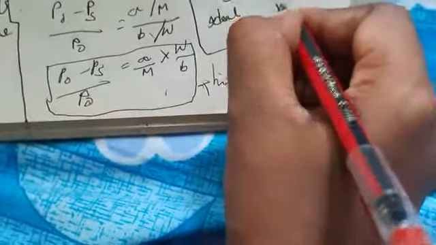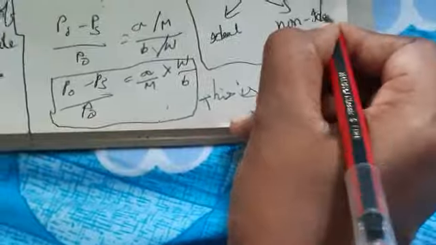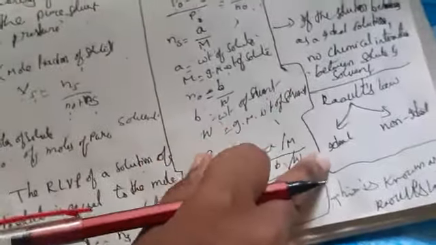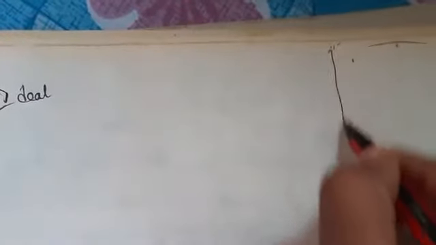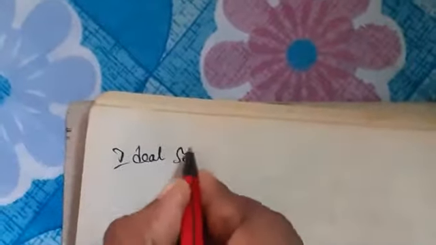Raoult's law can be divided into two types, that is ideal solutions and non-ideal solutions. Now let us see a very important topic in Raoult's law. So listen carefully. It can be divided into two types, ideal solutions and non-ideal solutions. Now let us see ideal solutions.